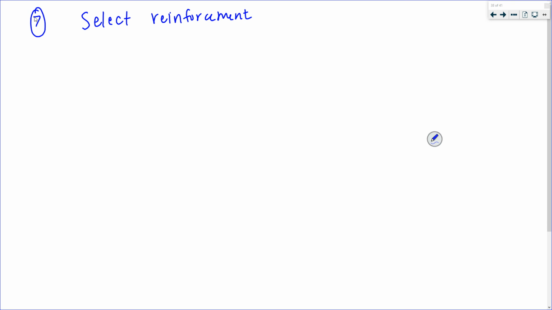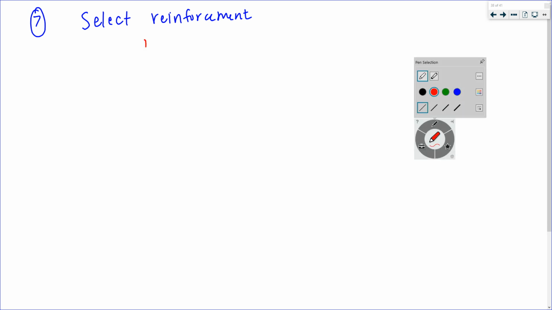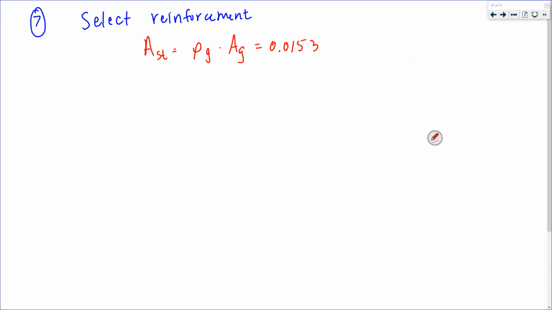So let's see, my area of steel is equal to my reinforcement ratio times my gross cross-sectional area. So 0.0153 times 16 inches squared. You get like 3.9 square inches.